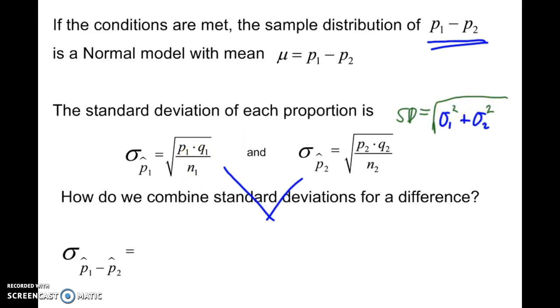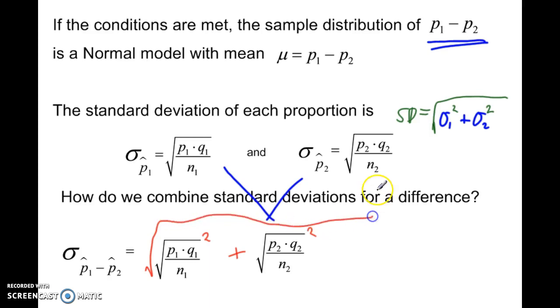We're going to take this one and move it down here, take this one and move it down. We square both of those, and add them. That makes a variance plus a variance. Take the square root of the total, converting it back to a standard deviation. And that is our formula for standard deviation.